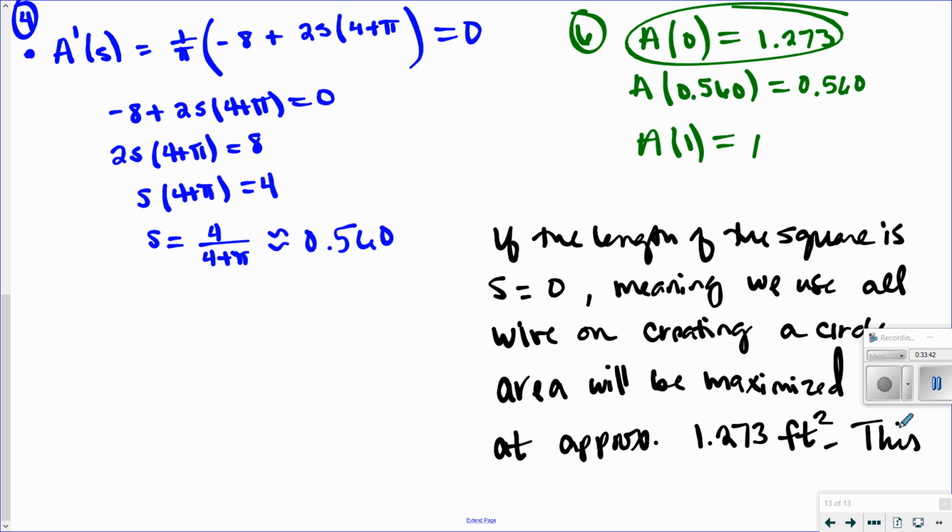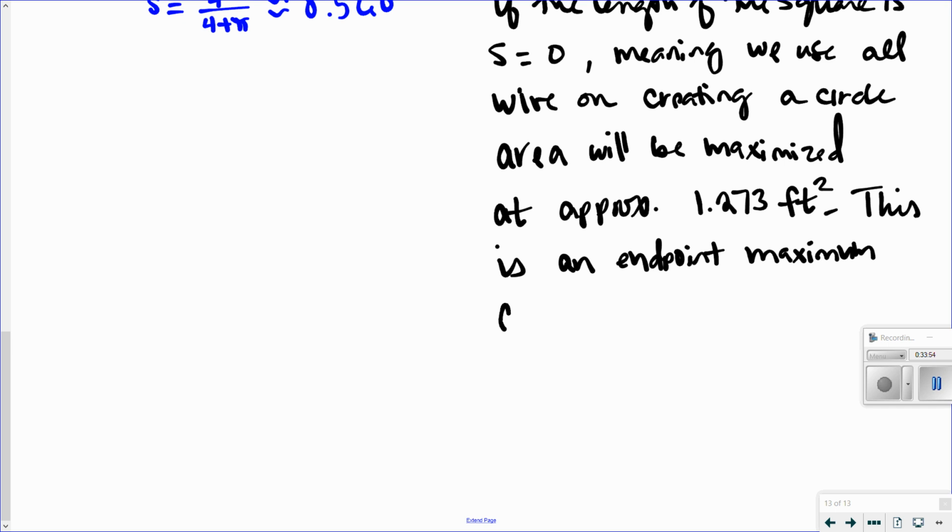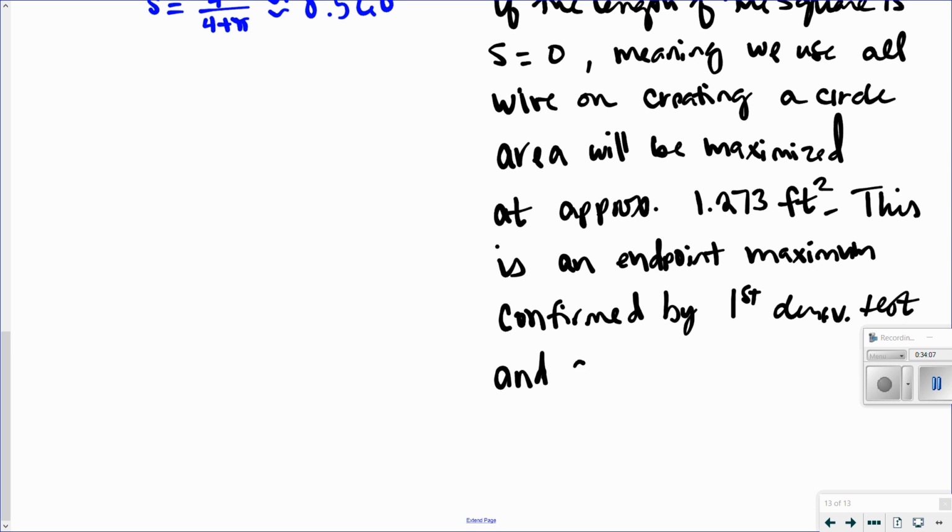This is an endpoint confirmed by derivative test and candidate test.